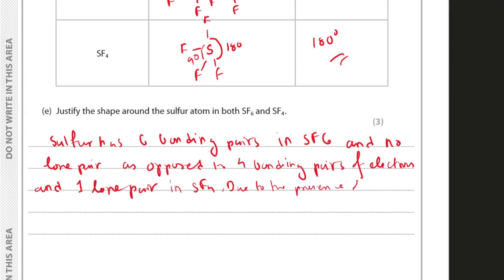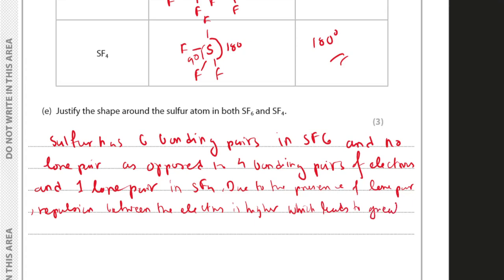Due to the presence of lone pairs, repulsion between the electrons is higher, which leads to greater maximum separation.